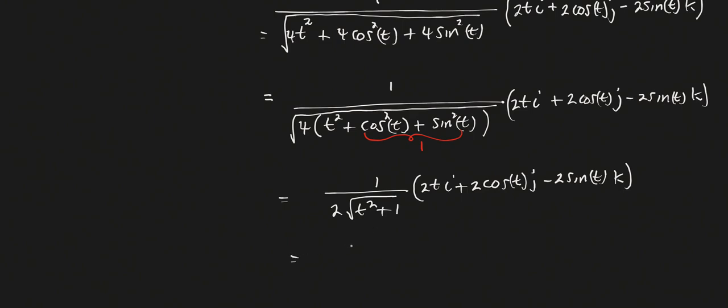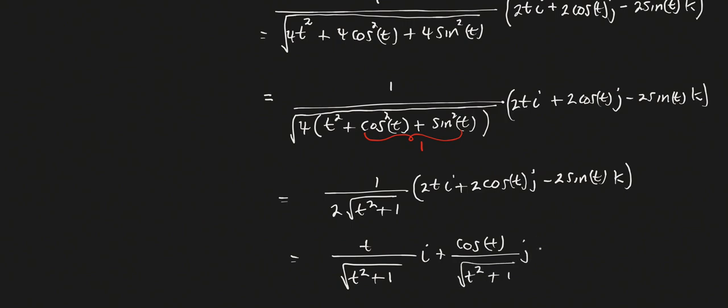And this is what we will have. We will have t over the square root of t squared plus 1 i, right? So that's going to be the first component of the unit tangent vector. The second component will be cosine of t over, again, the square root of t squared plus 1 times j.